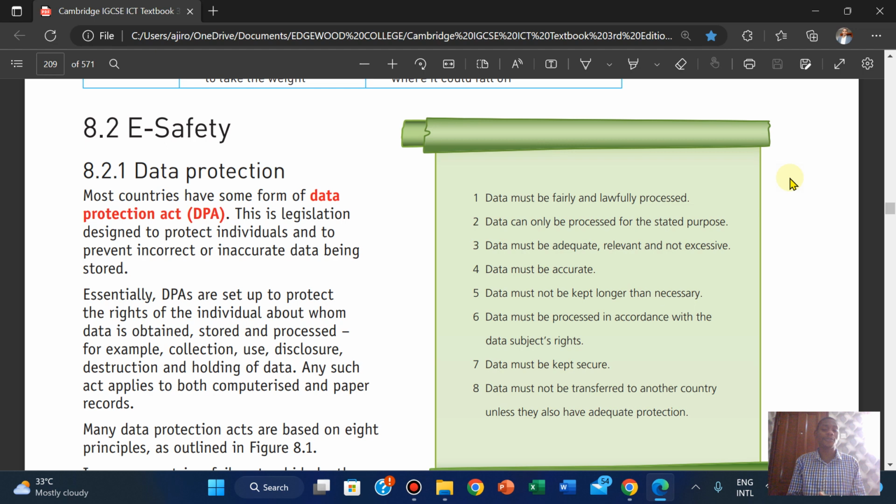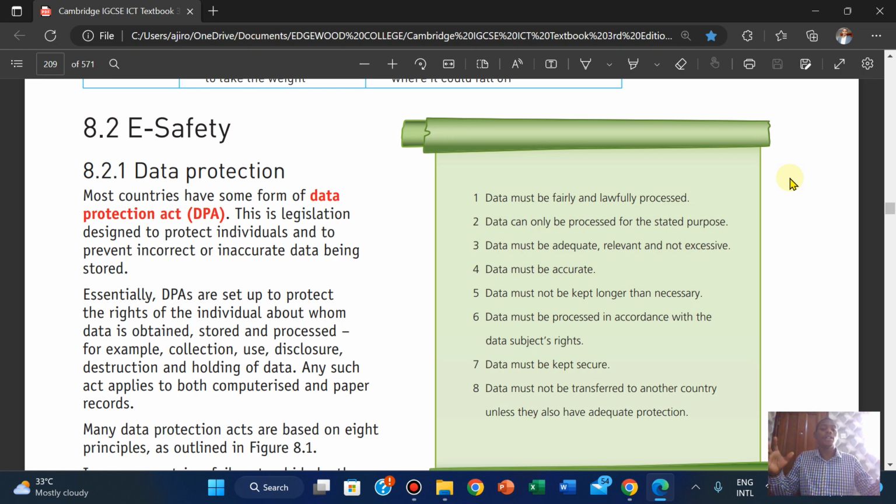There is no better way to talk about it than data protection, because we want to be as safe as possible. The people posting the content also want to be safe. Most countries have some form of data protection act, what we call DPA. That is legislation designed to protect individuals and to prevent inaccurate or incorrect data being stored.